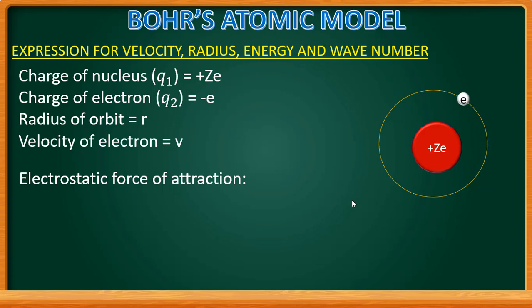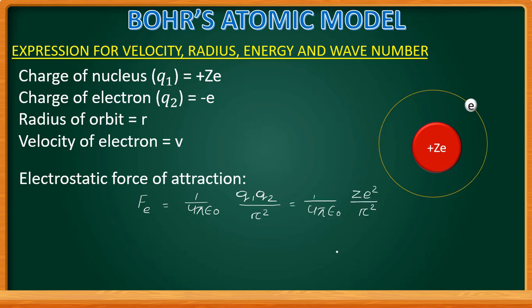From Coulomb's law, the force is 1 by 4 pi epsilon naught q1 q2 by r square. Fe, F for force, E for electrostatic force of attraction. Here q1 and q2 are the magnitudes of the two charges, so in place of q1 we write Ze, and in place of q2 we write e. Then we get 1 by 4 pi epsilon naught Ze square by r square.